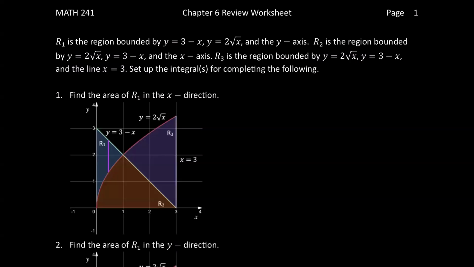But if top or bottom changes, then you got to do it in two integrals, right? So imagine you're sliding the segment throughout the entire region. The top is always that green function, 3 minus x. The bottom is always the curve, 2 square root of x. So that indicates we can achieve that using one integral, because you only need one formula to find the height.